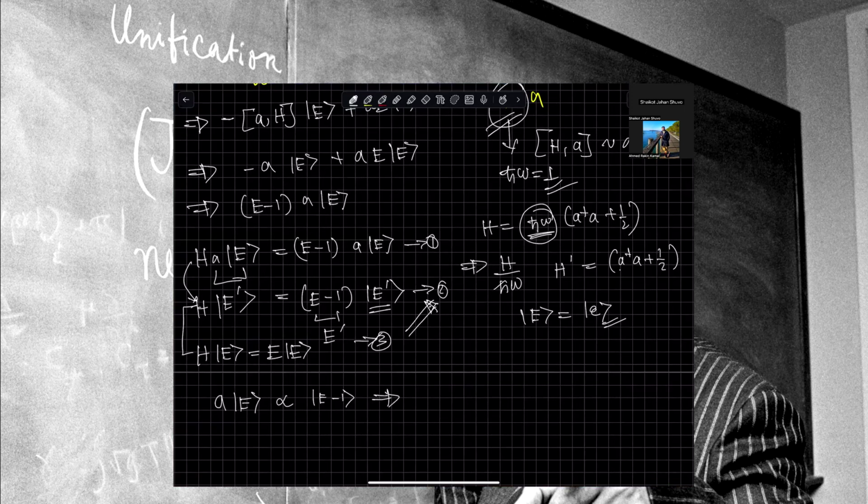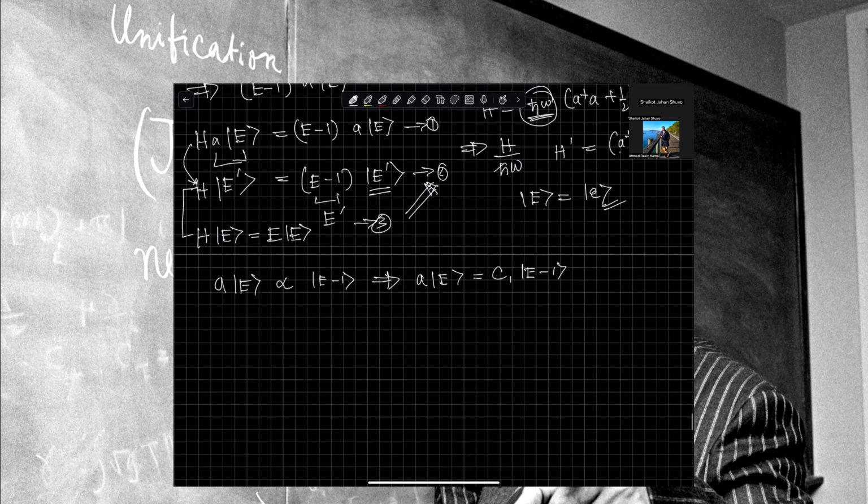And if you want to get rid of this proportional sign, you write that there is some sort of a number associated with this. Let's call it C1, and this is E minus 1. At this point, since you're dealing with numbers, instead of E, you can also write some N. They mean the same thing. E means energy, N means energy as well, since we are scaling things like this.